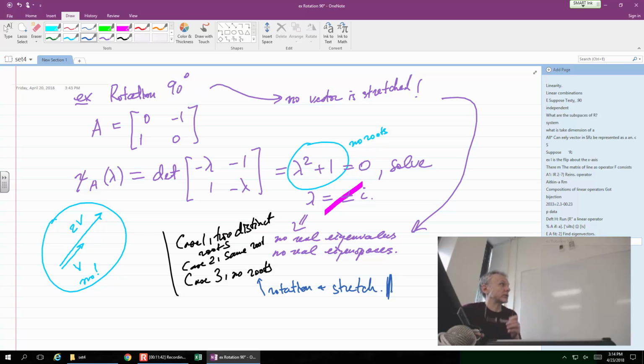Here we know what's going to be happening. There will be rotation and stretch. So what is the angle of the rotation, and what is the stretch? Okay, so you can certainly guess it from here.